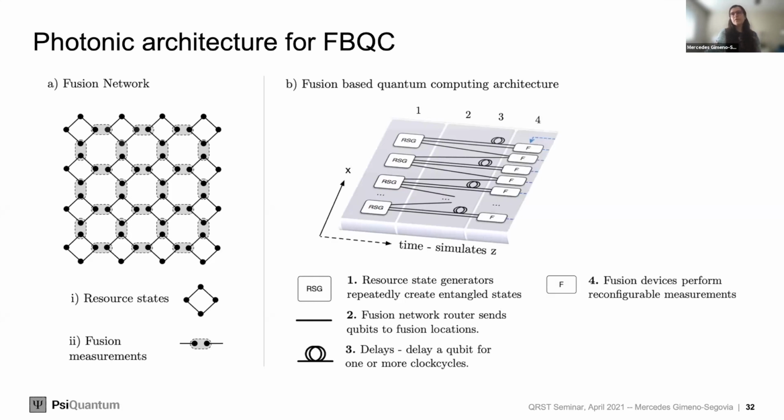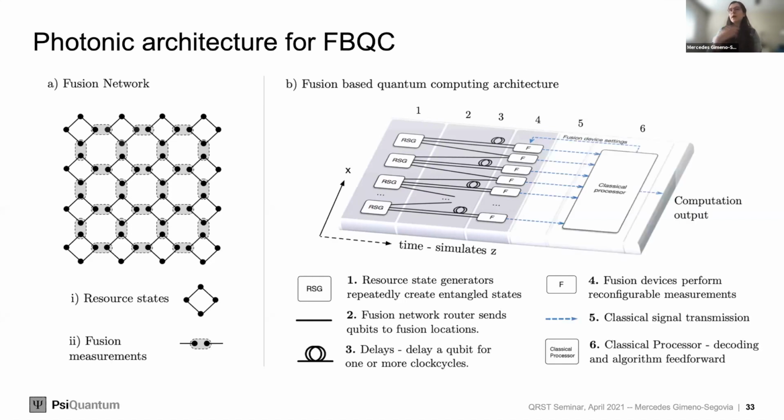We have a number of fusions, and those fusions can perform reconfigurable measurements in order to implement logic. Finally, the output of those measurements goes to a classical processor. This classical processor is in charge of receiving the information, processing it, decoding it, as well as sending the fusion device settings so that we can implement some algorithm.